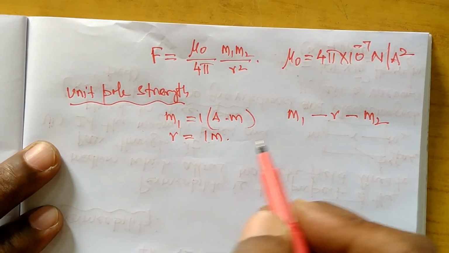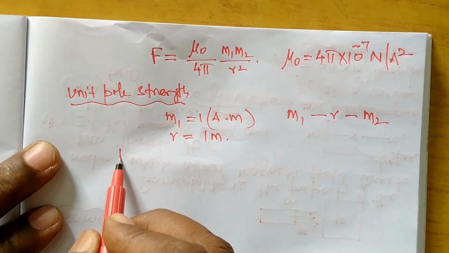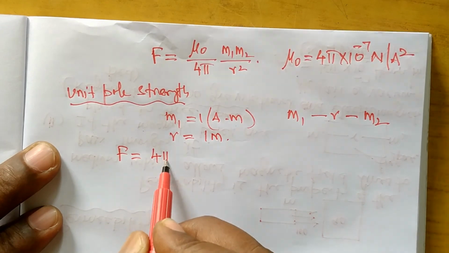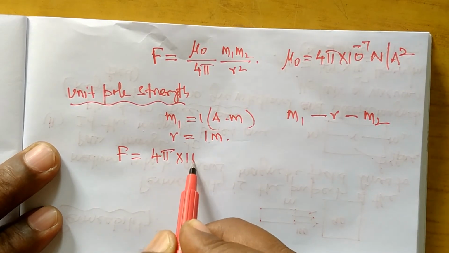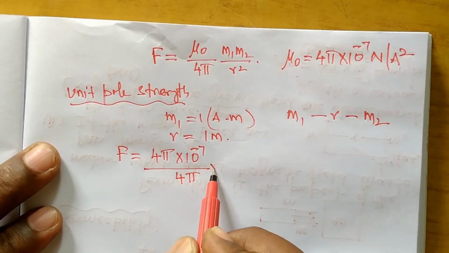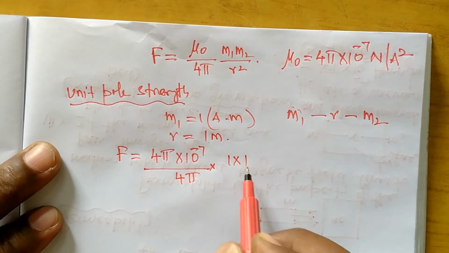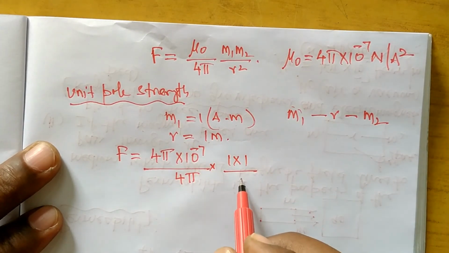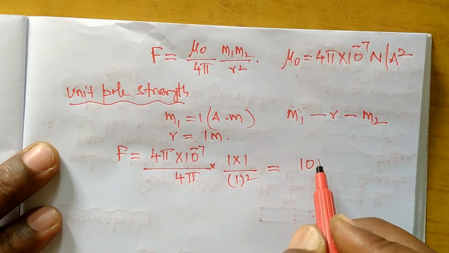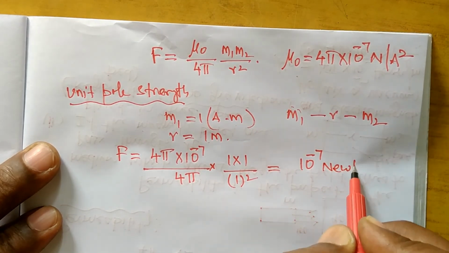Then what will be the force according to Coulomb's inverse square law? F is equal to mu naught, which is 4 pi into 10 to the power of minus 7, by 4 pi into 1 into 1 by 1 meter square. On simplification, we get it as 10 to the power of minus 7 newtons.